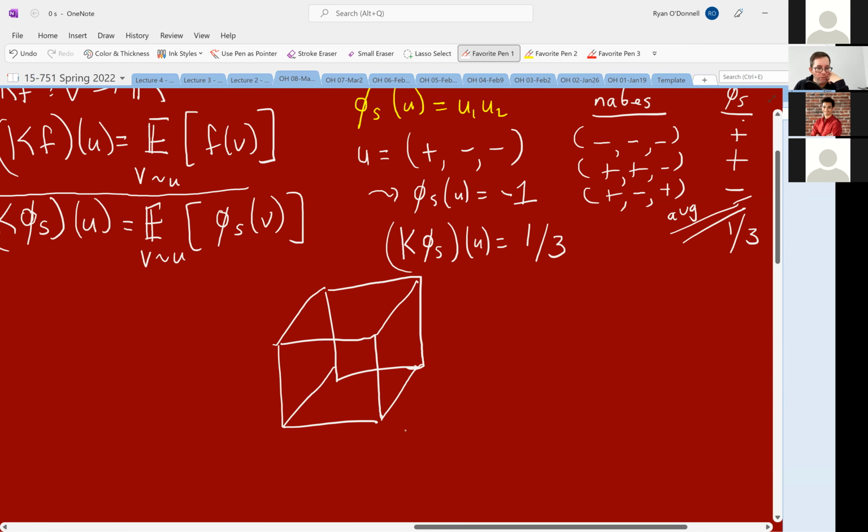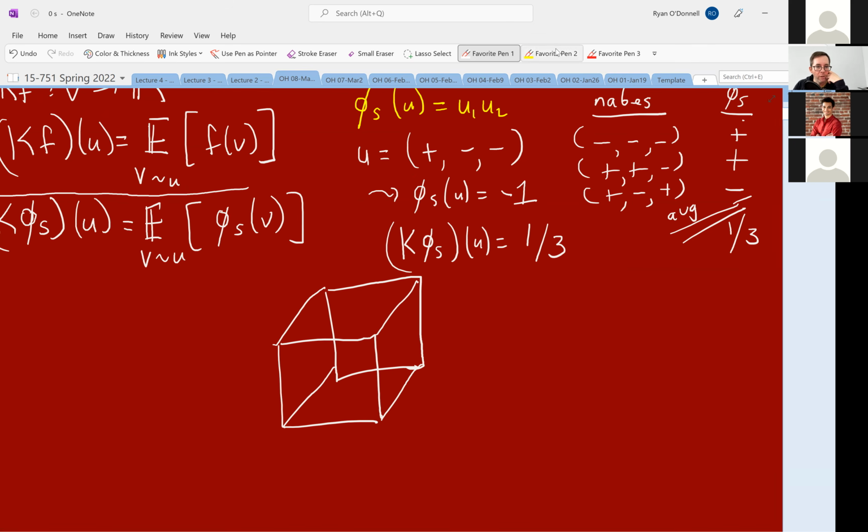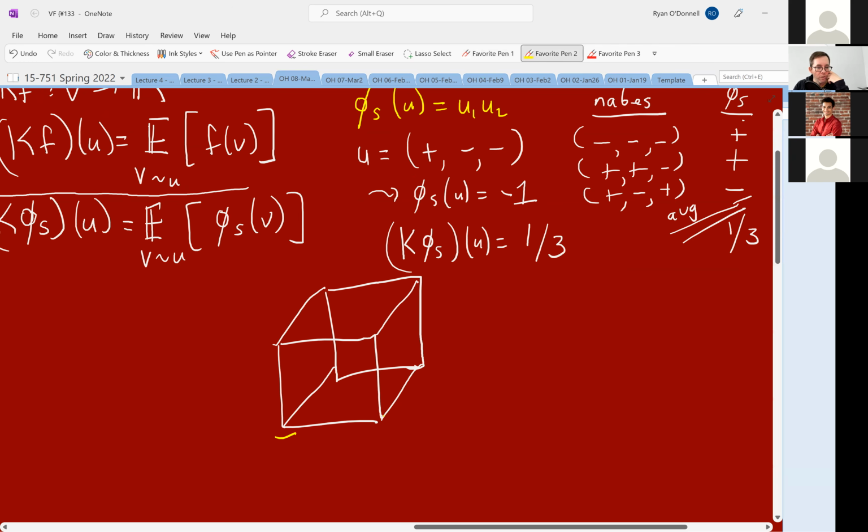But it'll look something like minus, plus, minus, plus, minus, plus, minus, plus. We just did this on some vertex whose label is minus, maybe this one, and we averaged up its 3 neighboring values, minus, plus, and plus. Those indeed averaged up to 1/3.